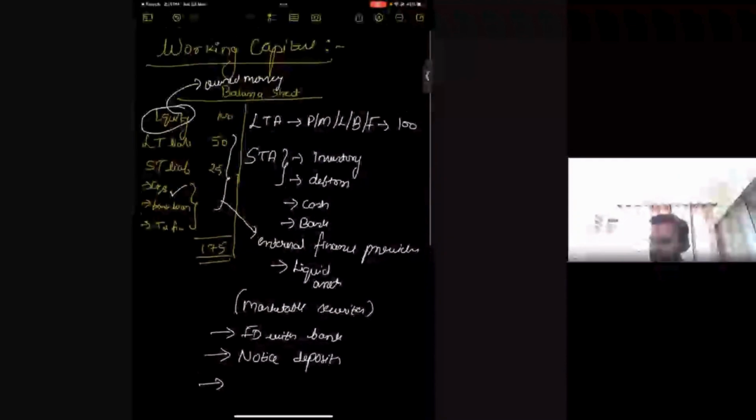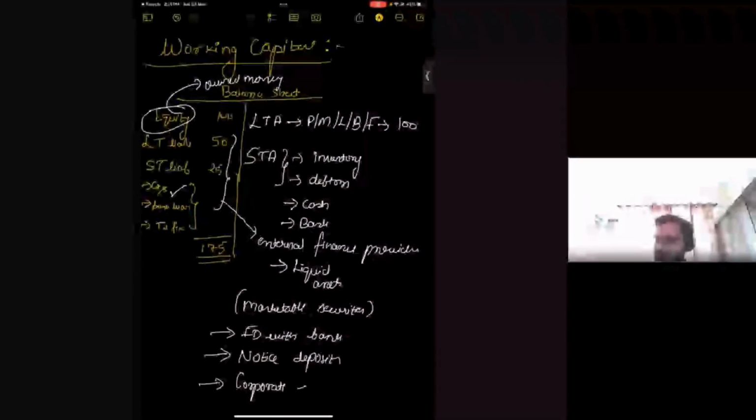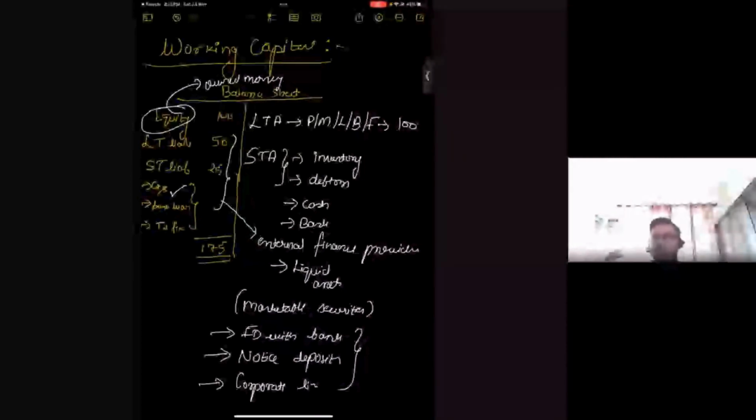You can have some cash deposits here and there, or you can also have some corporate lines which you have provided. So there can be some amount which you have in excess, which you can deposit, and they are liquid, they're marketable. You can get that money back at any given point of time.